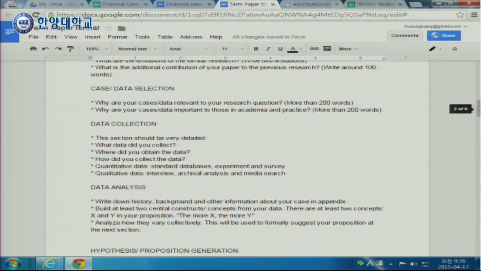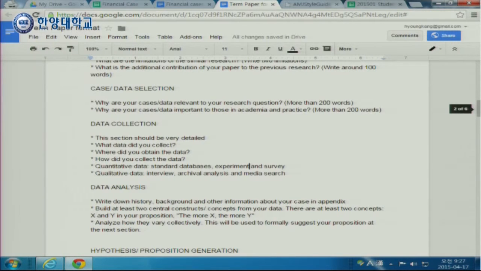Okay? So this part is important because in academic research, when people read your academic paper, and if they are interested, then they should be able to replicate your research. Unless you write down this section very carefully and in detail, other people cannot replicate your research.